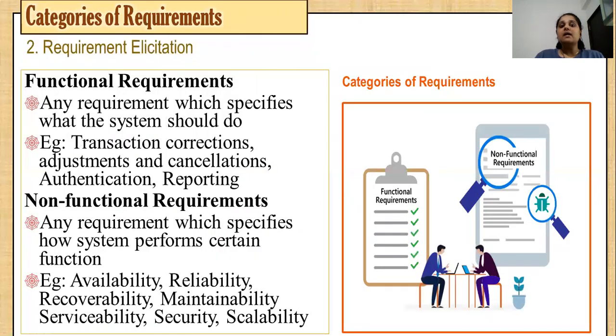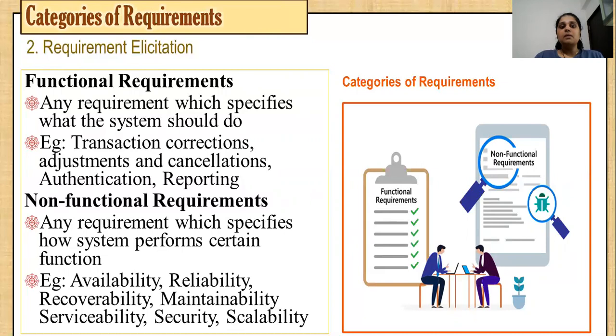Now, what are the categories of requirements? We are saying all the features of the system, all the functionalities of the system, but what actually is functionality? Functionality and requirement are, you can say, synonyms of each other. Functional requirements are those requirements which specify what your system is actually doing.